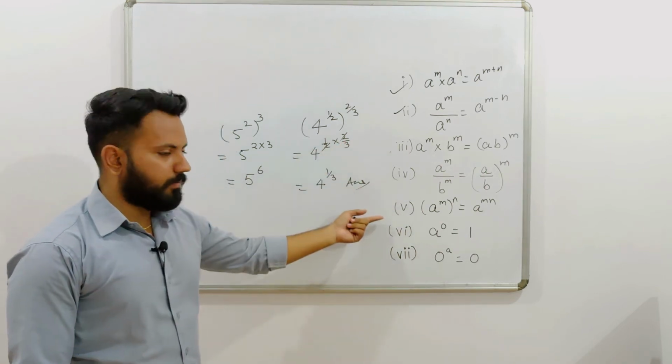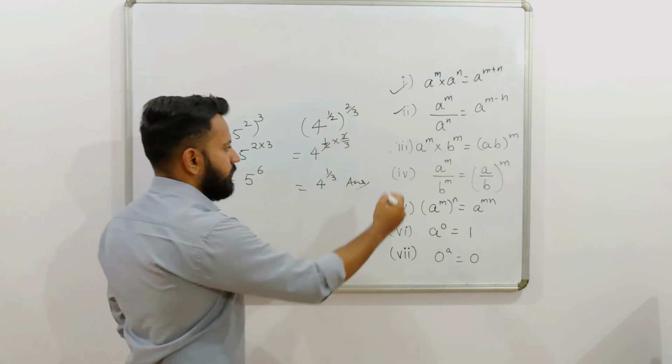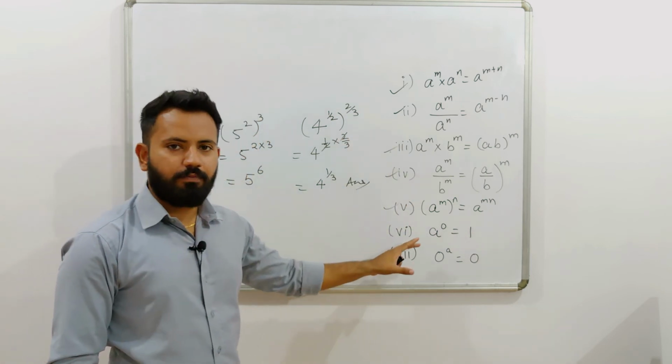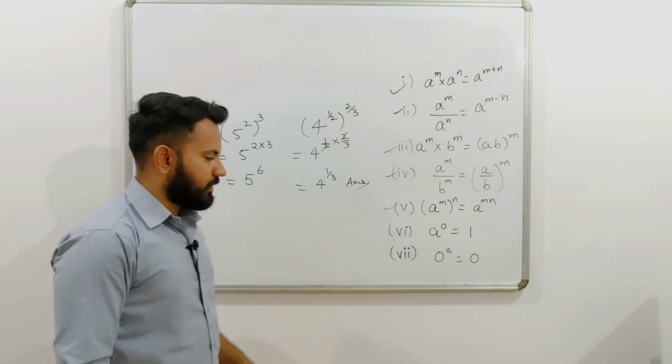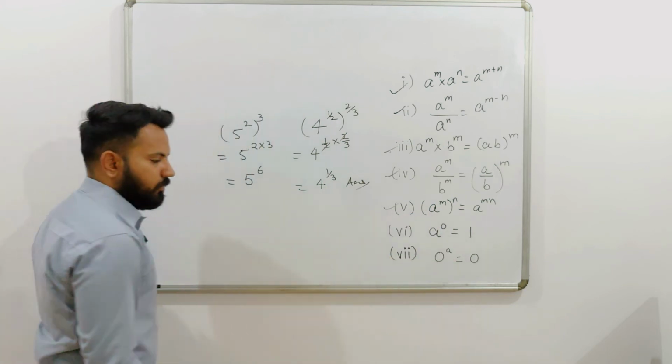So here we have completed and covered the 5 major laws of exponent: first, second, third, fourth and fifth. Now this 6th and 7th law are the very basic laws that you need to understand. Means, for example, 6th law, a raised to 0 is 1. What does that mean?